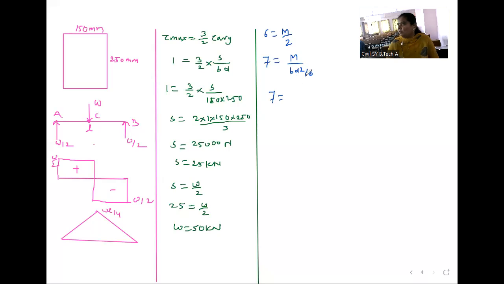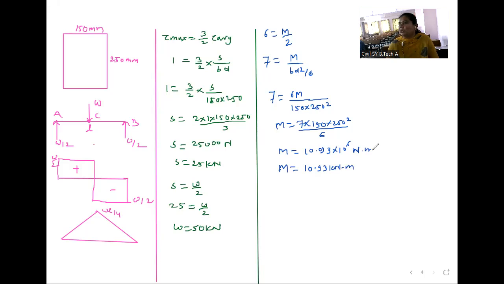So 7 equals 6M divided by B, which is 150, into D, which is 250 square. So M equals 7 into 150 into 250 square divided by 6. And M, already you have calculated, is equal to 10.93 into 10 raised to 6 Newton mm. And if you want it in kilonewton meter, 10.93 kilonewton meter.